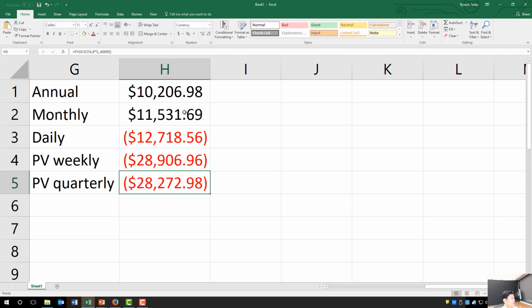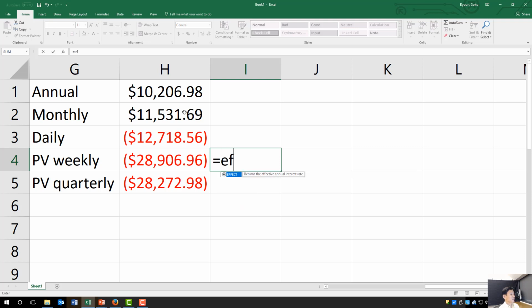And you can see this gives you a lower present value. With the quarterly compounding, you have a lower present value, so this is the better investment opportunity.